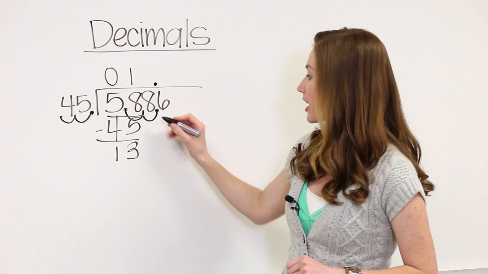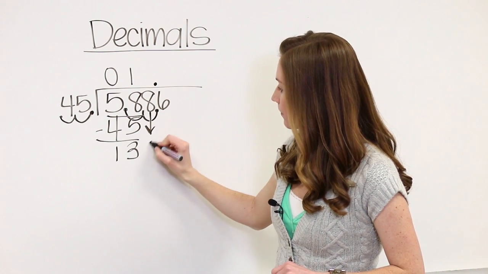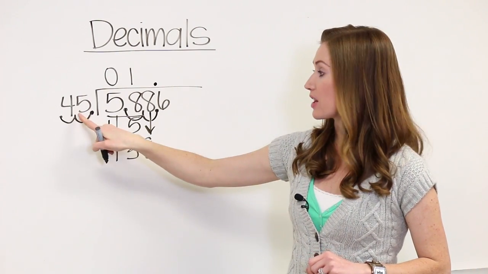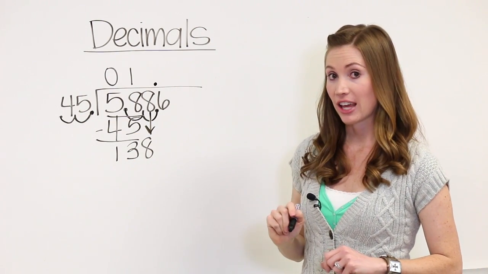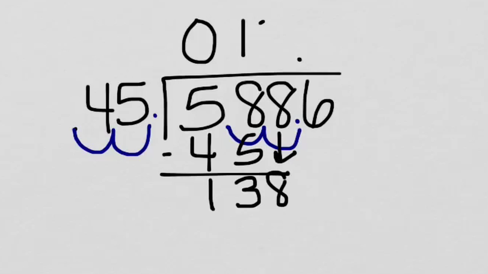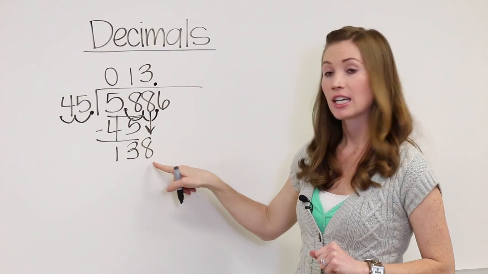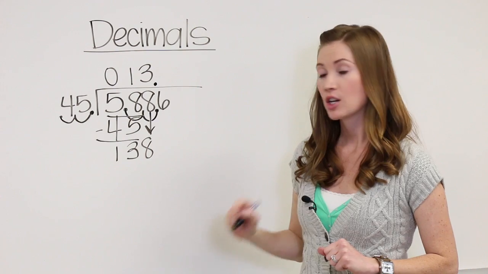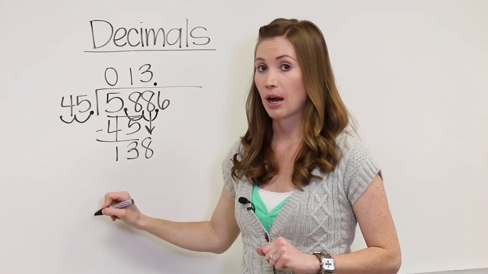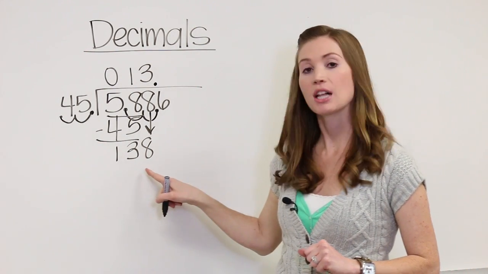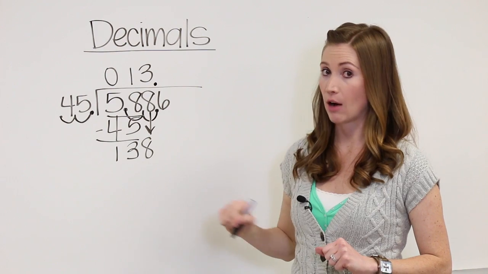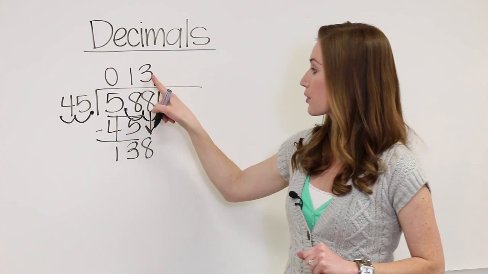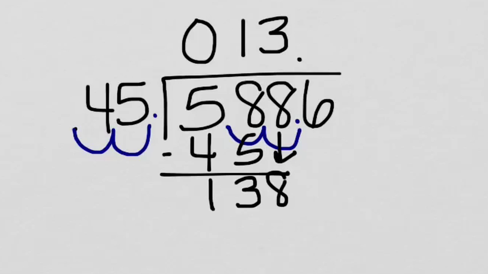Now we're going to bring down our 8. How many times can 45 go into 138? 3 times. If you didn't know that 45 could go into 138 3 times, you could always try multiplication problems to the side until you came close to 138 without going over. 3 times 5 is 15.